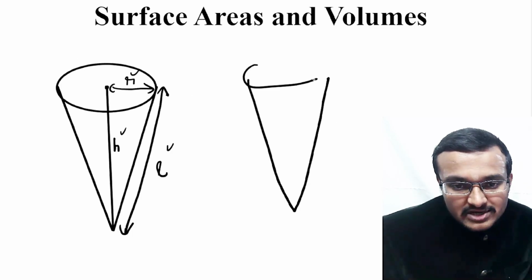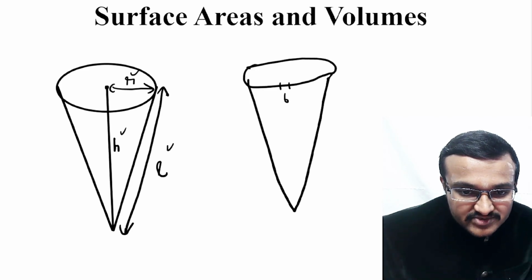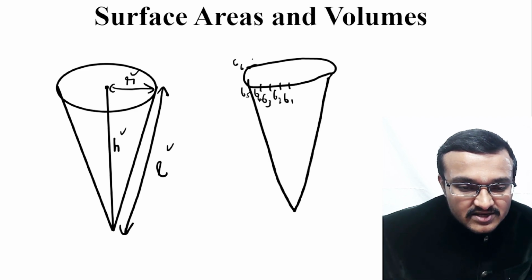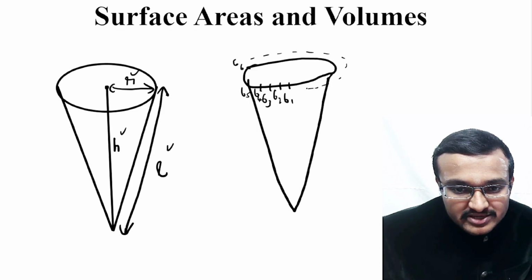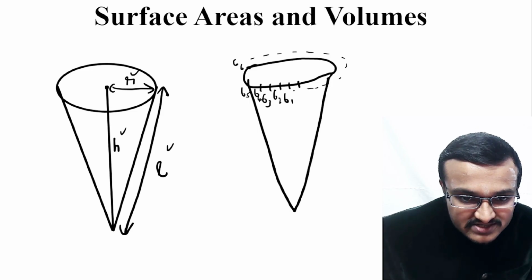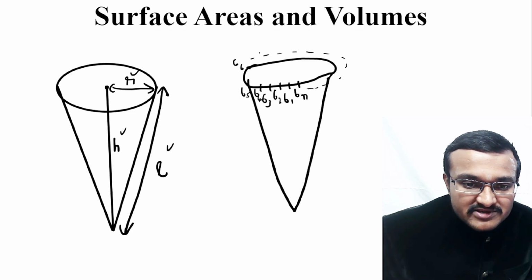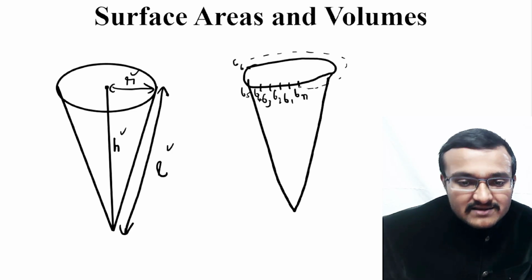So we have a cone like this. Here we are considering this portion as B1, this portion as B2, this portion as B3. Like this it goes B4, B5, B6, and it is coming back to B1. This last end will be Bn. So B1, B2, B3, B4, like that it goes on till Bn.